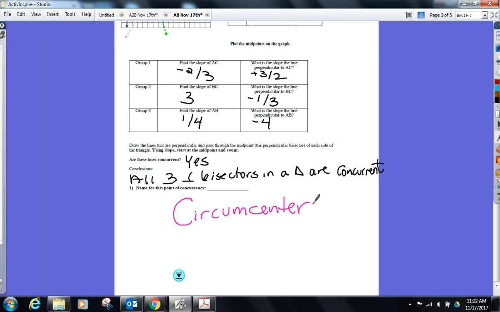All right, everybody good? Because we're not off this circumcenter yet. We still have one other thing we need to talk about before we move on from it. Circumcenter, all 3 what? Intersect.